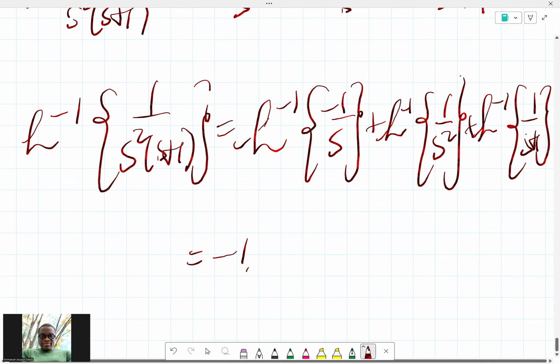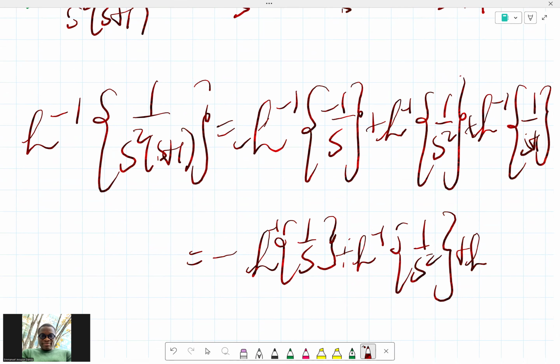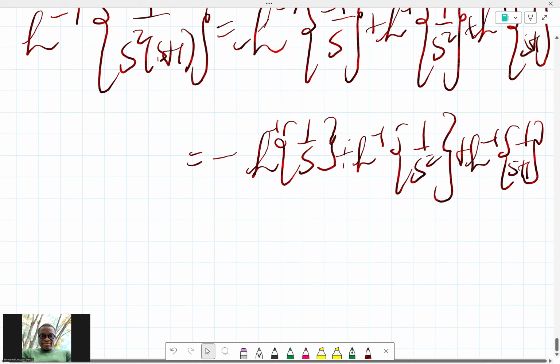So we have minus Laplace inverse of 1 over s plus Laplace inverse of 1 over s squared plus Laplace inverse of 1 over s plus 1. Okay. So Laplace inverse of 1 over s is simply the same thing as, so this would be minus 1, right? You know, it is the Laplace of 1 that gives you 1 over s. So this would just be minus 1.